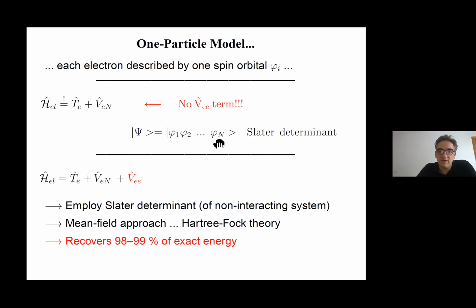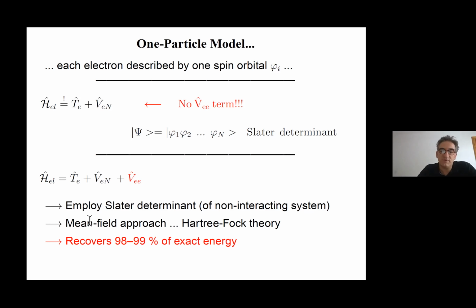So it's an independent particle model which we use. We use this function to compute the energy, and then we switch on the electron-electron interaction again with the exact Hamilton operator. So we use an independent particle model and then the exact Hamilton operator. This leads us to a mean field approach, the so-called Hartree-Fock theory.